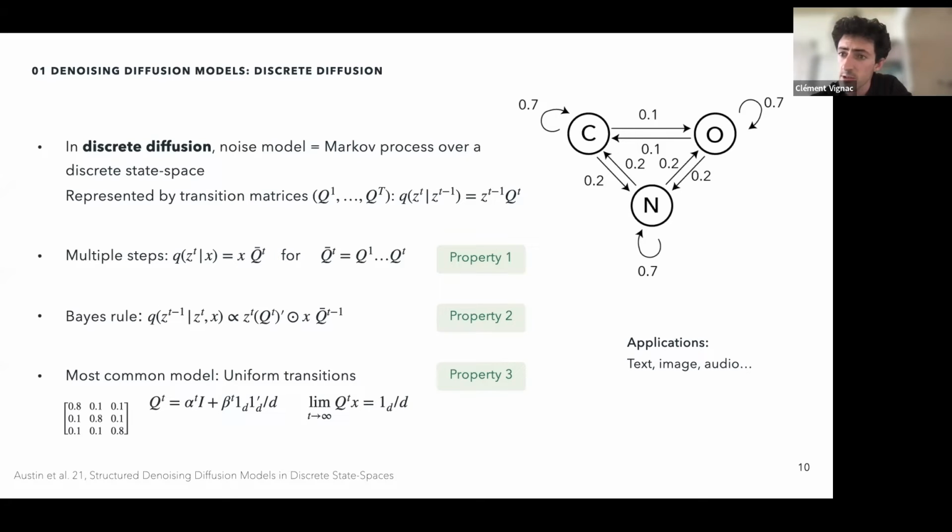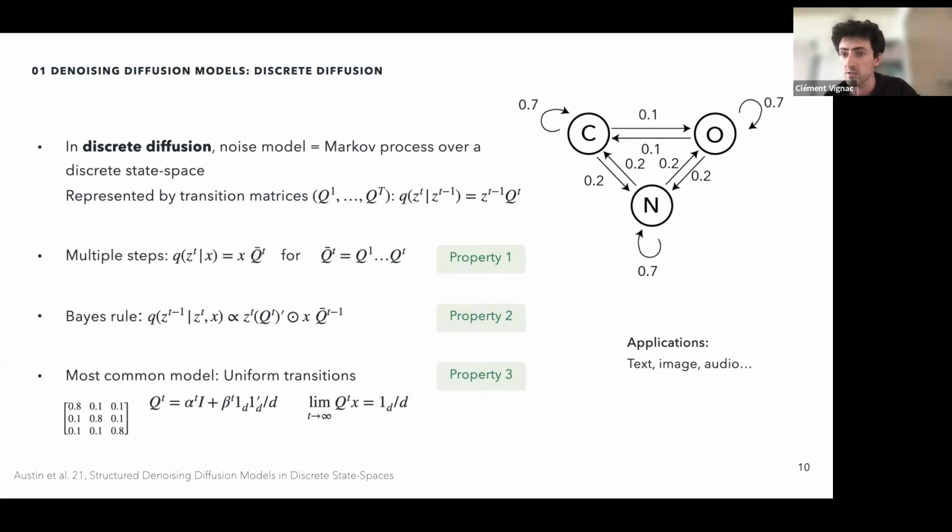There was this integral that we wanted to compute, but it's just Bayes rule in the end. And for the discrete state space, we can compute it as well. This is fine. And finally, the last property was that the limit distribution is something that you can sample from.